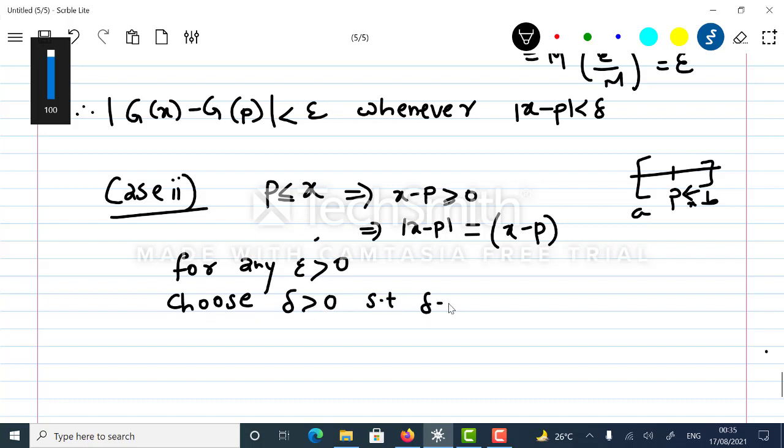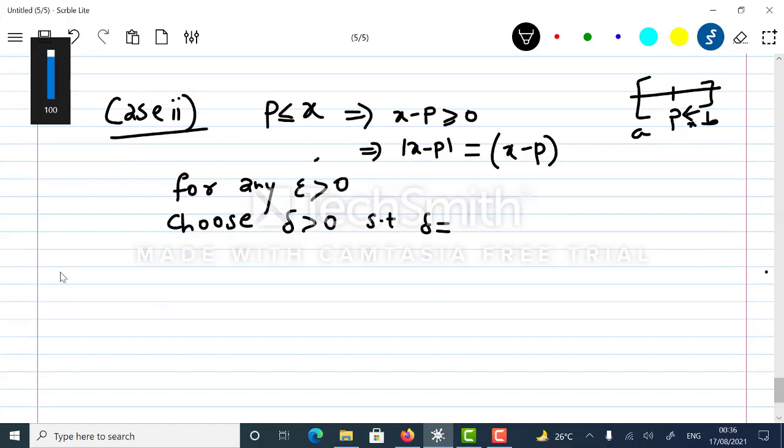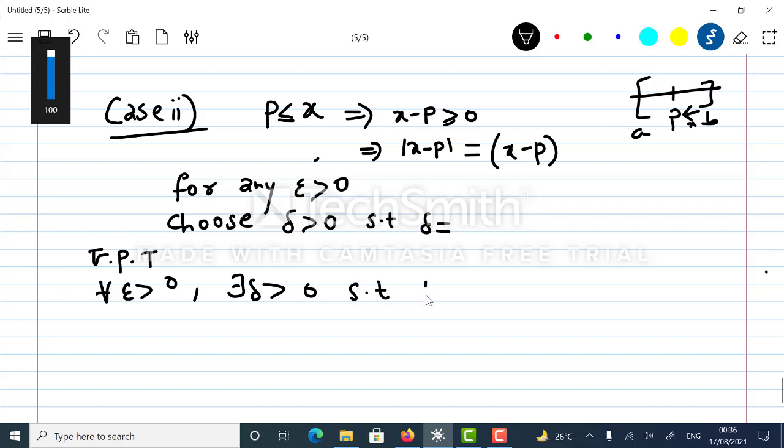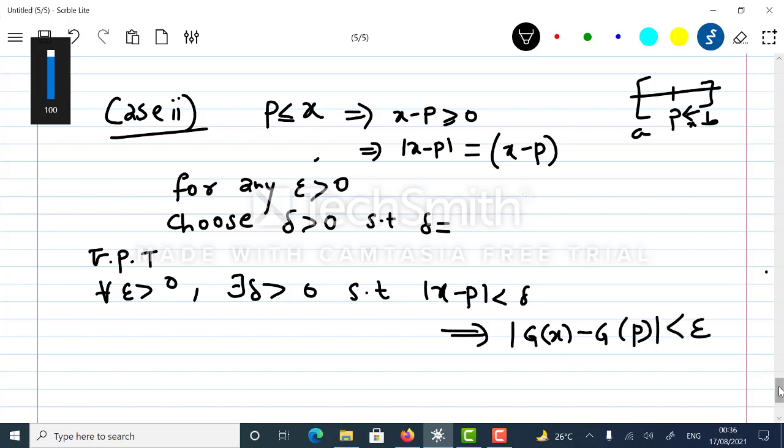And what we want to prove is as follows: for every epsilon greater than 0, there exists delta greater than 0 such that mod x minus p less than delta would imply modulus of g of x minus g of p less than epsilon. This is what I wanted to prove.